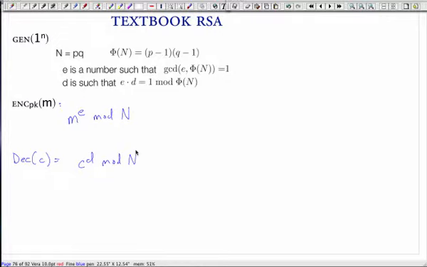Right, so this textbook RSA algorithm, all it does is 1 exponentiation to encrypt. Notice that all you need is the public key here, which is E. And all you need here was the secret key, which is D. And of course you also need N in both cases. Okay? So the public key is going to be the pair N comma E, and the secret key is going to be N comma D.